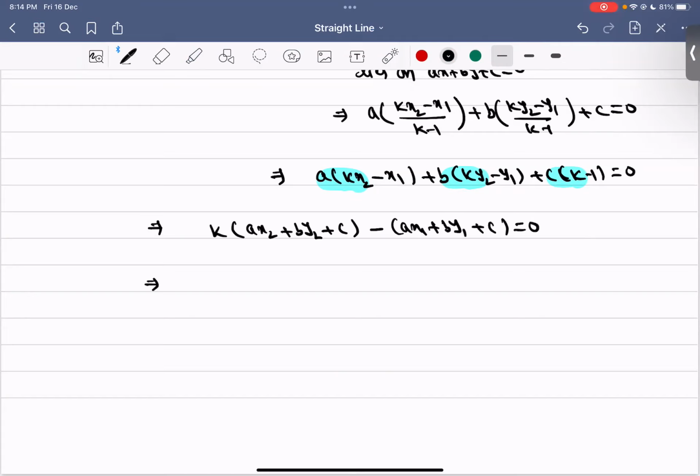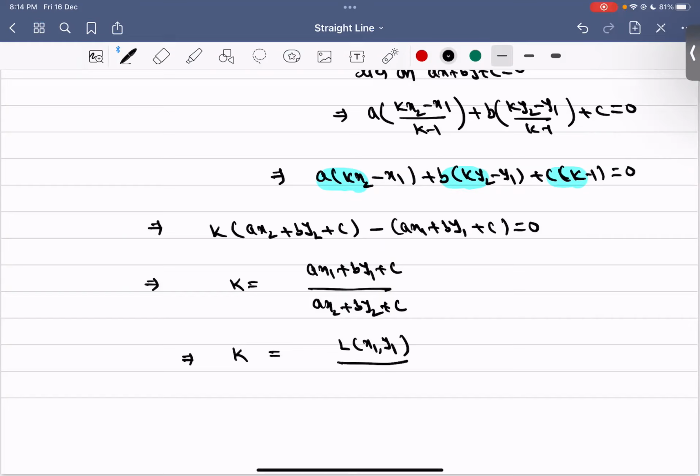So from this, if you isolate k, k is equal to (a x1 plus b y1 plus c) by (a x2 plus b y2 plus c). Now a x1 plus b y1 plus c is L of x1, y1, and a x2 plus b y2 plus c is L of x2, y2.